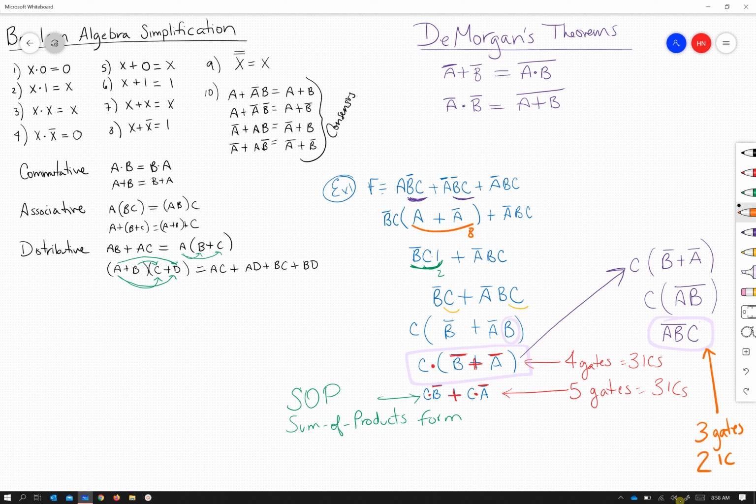Definitely, if you have a choice between just using Boolean algebra or adding De Morgan's theorems, you should try to see if you could use De Morgan's theorems as well, and it's going to simplify equations a lot more.